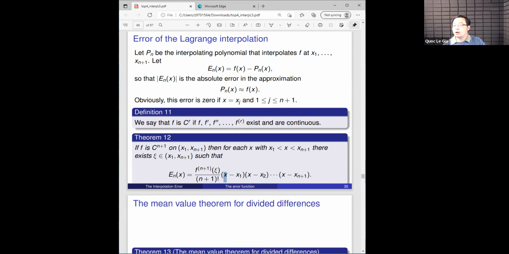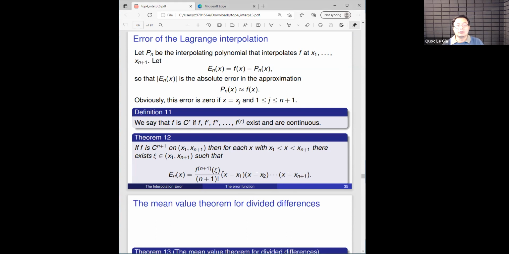Good question. Is it similar to the Lagrange error in Taylor series? Very good question. Actually, it is the case, but in Taylor series you have only one point. You can think that in the Taylor series everything collapses in the product, like (x minus x0) raised to the power of n plus 1.